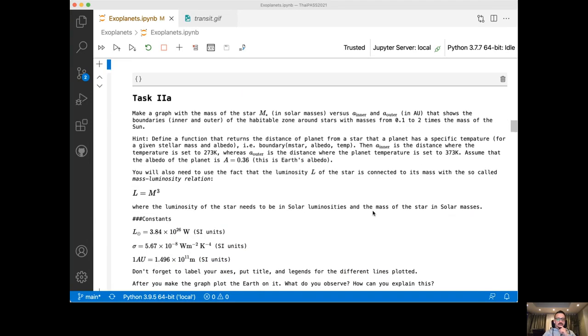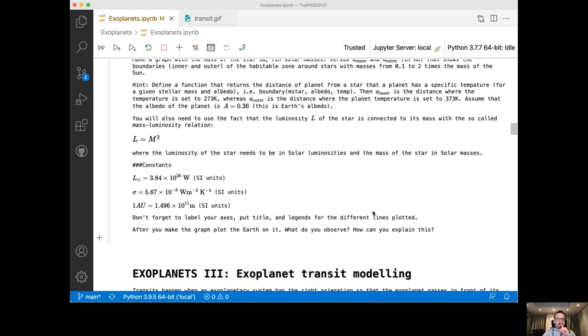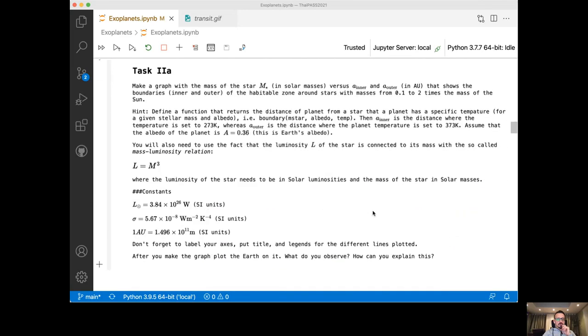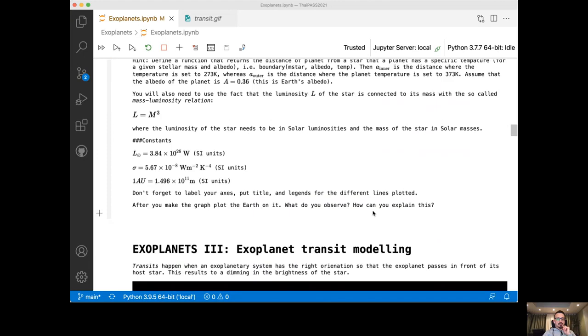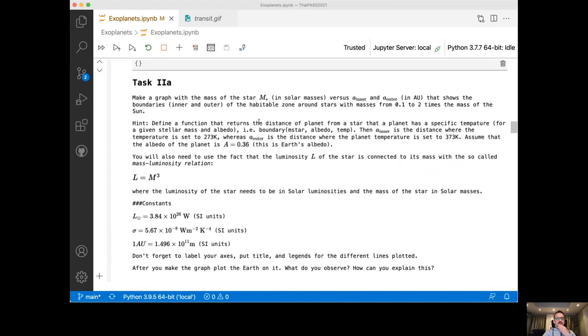So for this second task, what I have asked you here to do is to make a graph of the mass of the star in solar masses against the inner radius and the outer radius of the habitable zone.